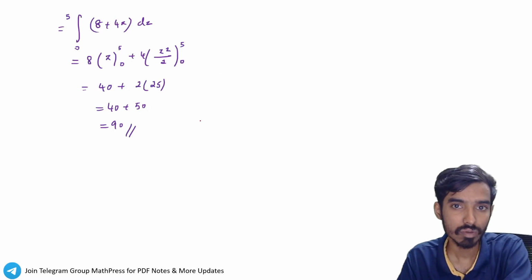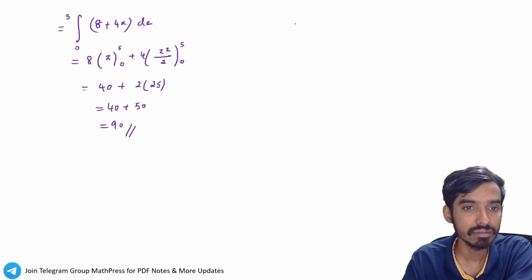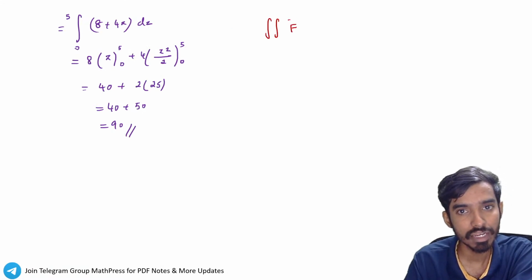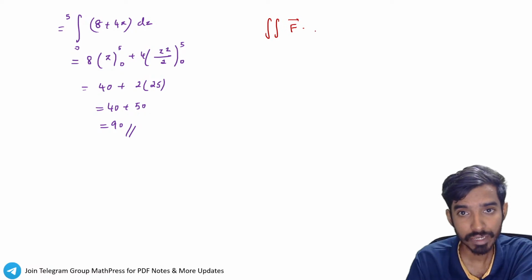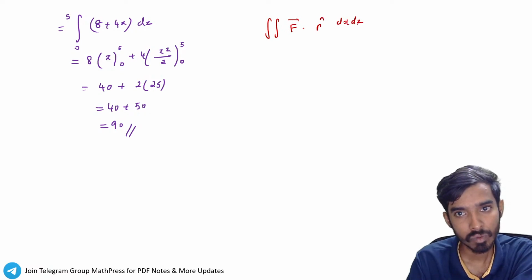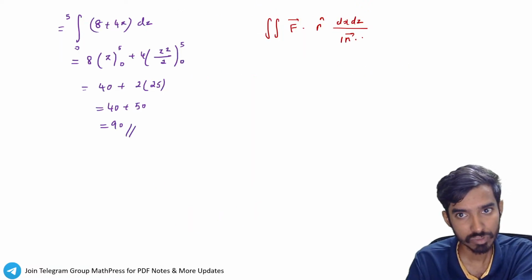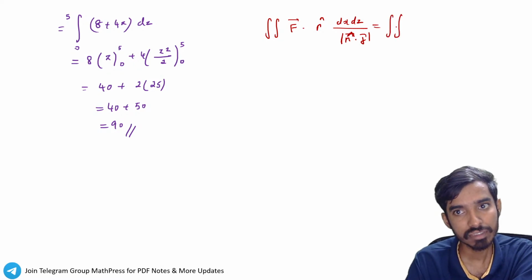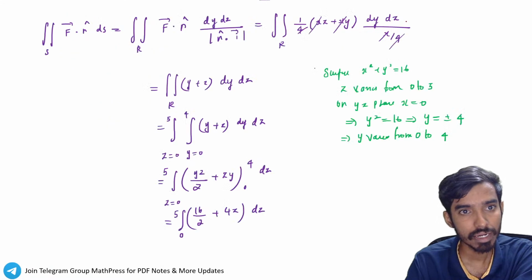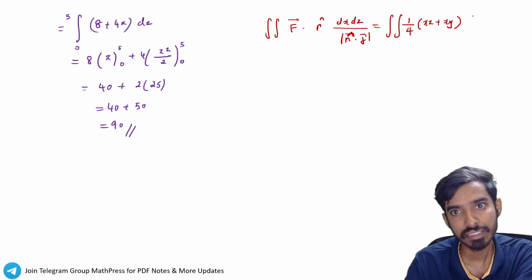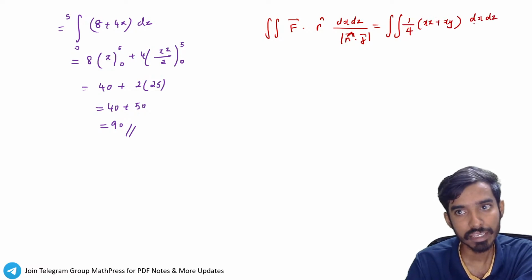Here the only difference is the difficulty, if you are choosing the other one. Suppose you are choosing this, the only difficulty is what is f vector dot n cap. Instead of choosing dy dz, suppose you have chosen this, we know f vector dot n cap is 1 by 4 xz plus xy, dx dz divided by n cap dot j, which is y by 4.